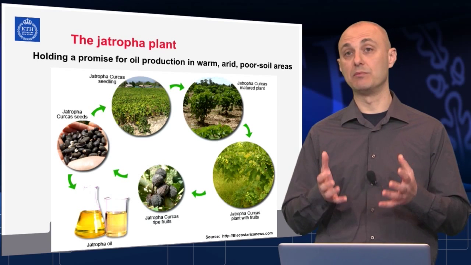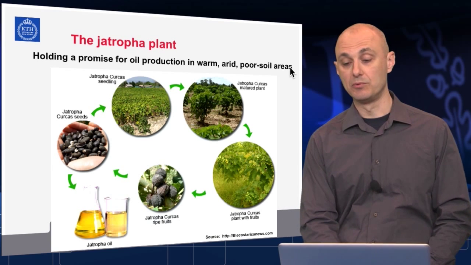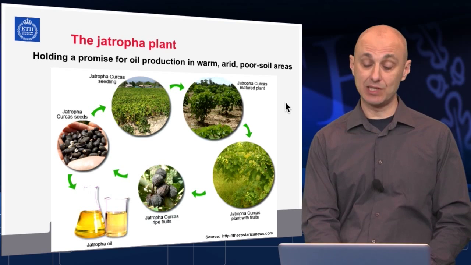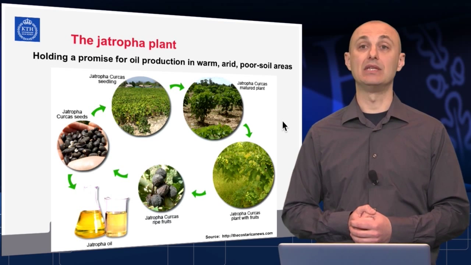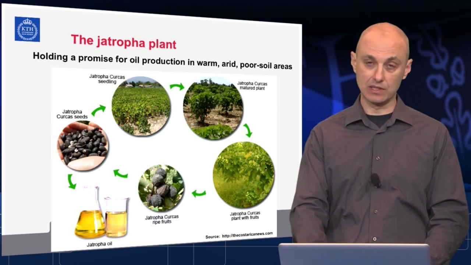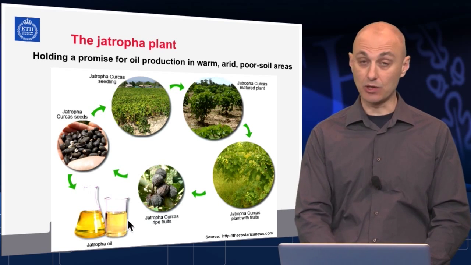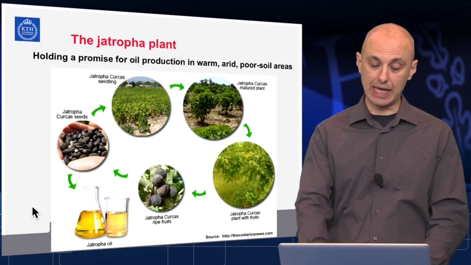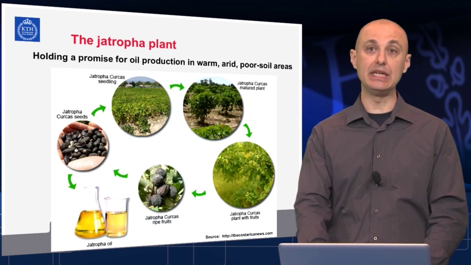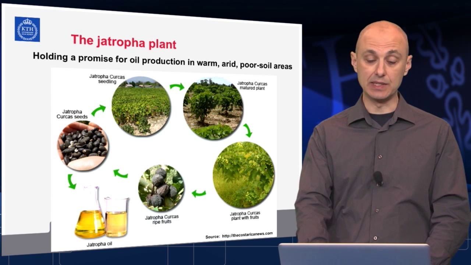Still, jatropha is more promising, especially for poor production areas, especially in places where optimum production is not possible. It can still grow there. It is toxic and it is not attacked by animals. They realize very easily that they should not eat this plant.